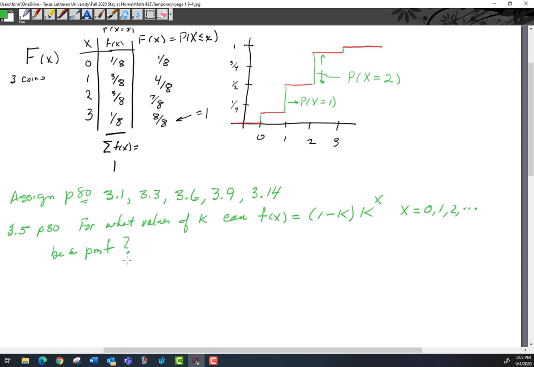All right, observe that this random variable is discrete. Its independent variable can be 0 or 1 or 2, but it can't be 1.5 or 3.5.